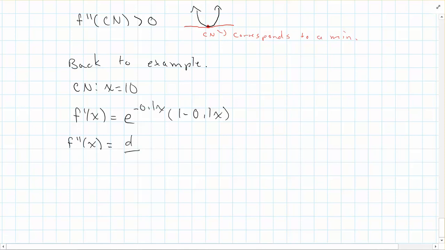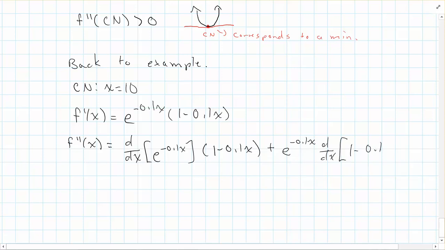So this would be the derivative of the first times the second plus the first times the derivative of the second. Alright, so let's go through and do those derivatives.